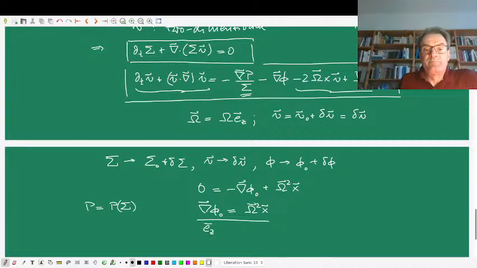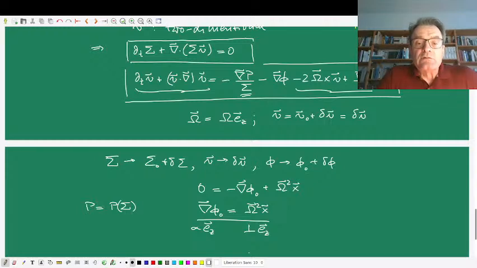Right? But the centrifugal force term, omega squared times x, it cannot point along the z-axis, right? Because x falls into the xy plane, right? So this is going to be perpendicular to Ez.